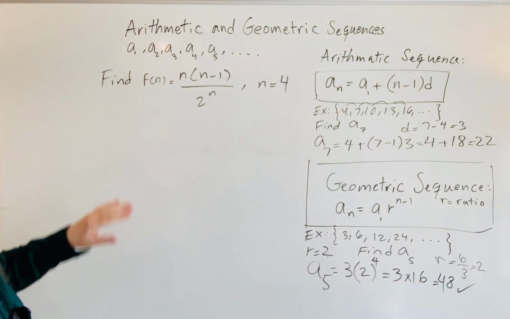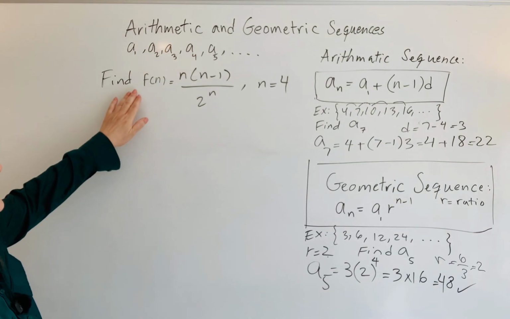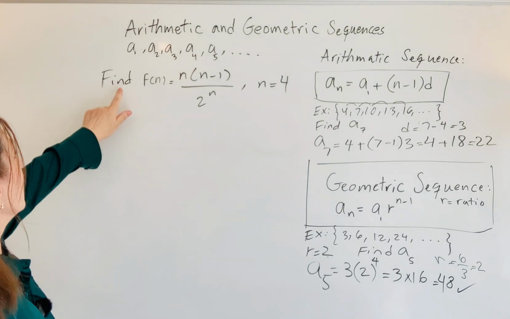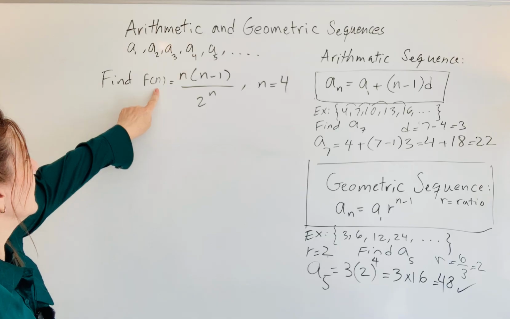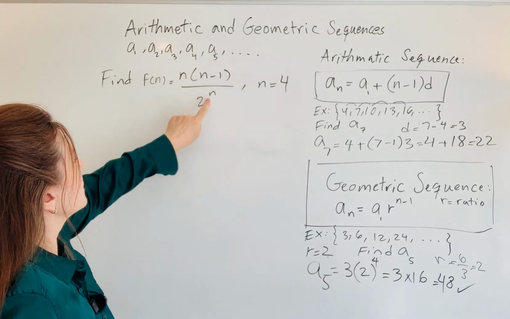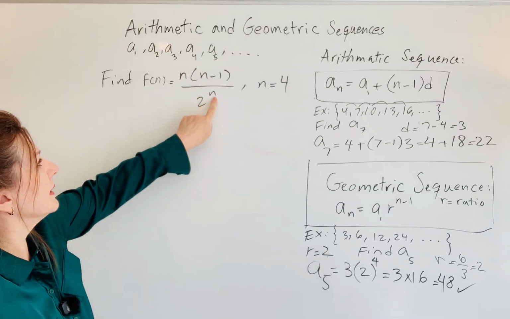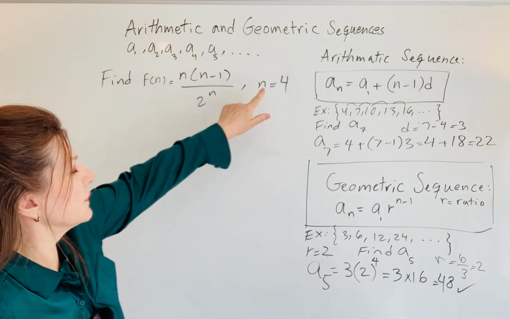But we have a question here. Find this as a function. Find f of n, this term, n times n minus 1 over 2 to the n, when n is 4.